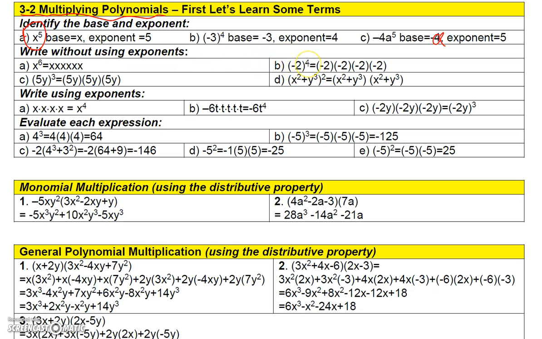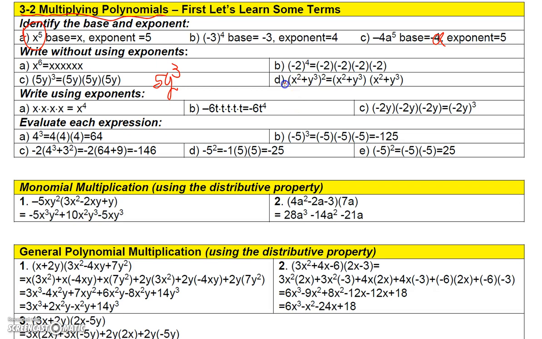Now the next step is just to multiply all these together, which you can do. X times 3x squared is 3x cubed. X times minus 4xy is minus 4x squared y. X times 7y squared is 7xy squared. 2y times 3x squared is 6x squared y. And then 2y times minus 4xy is minus 8xy squared, which, is that right?